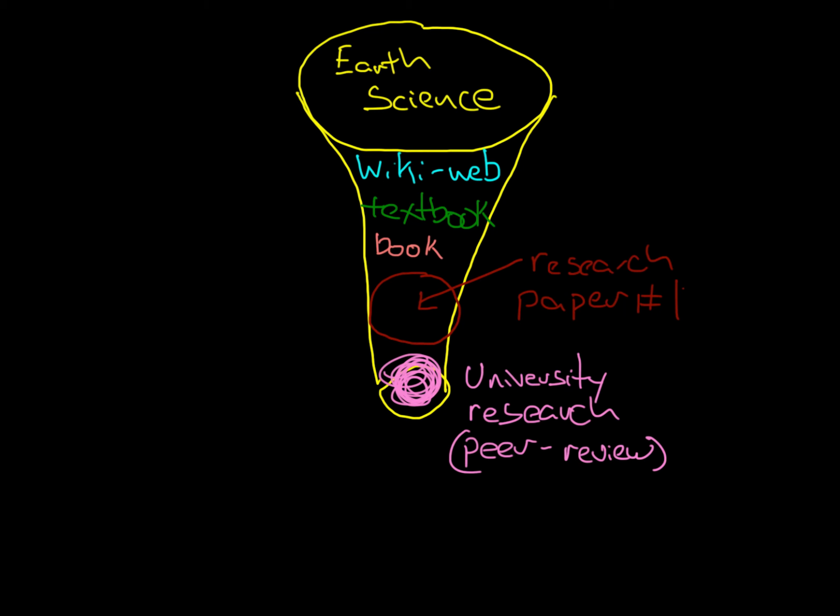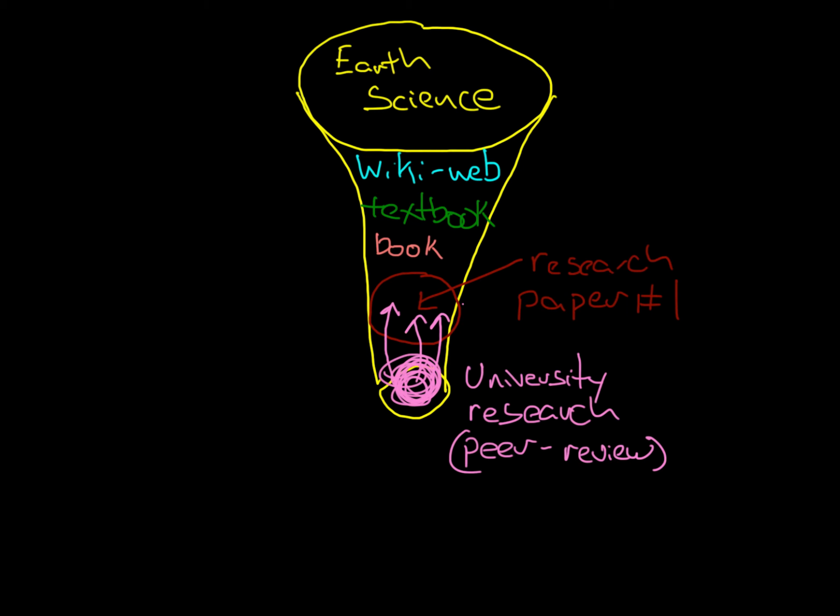So all of our research papers are going to be in this zone. So you're going to take the information that you learn from your peer-reviewed research, these university publications, and bring that into a paper, into this zone. So that's where you're going to gather your 10, 15 different peer-reviewed research papers.